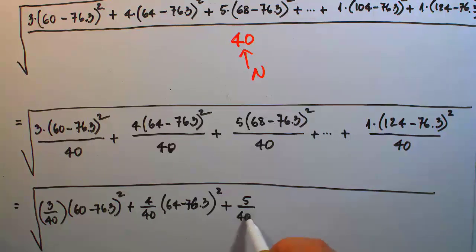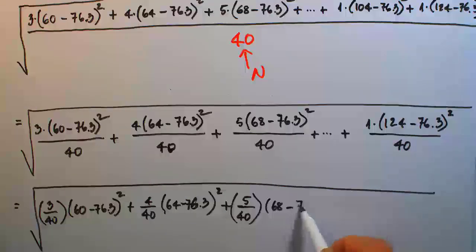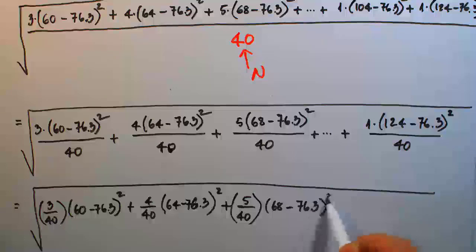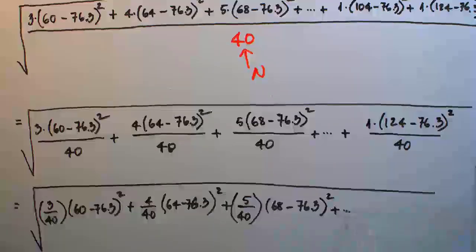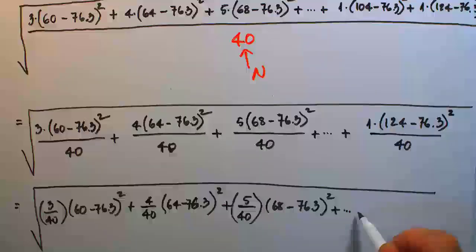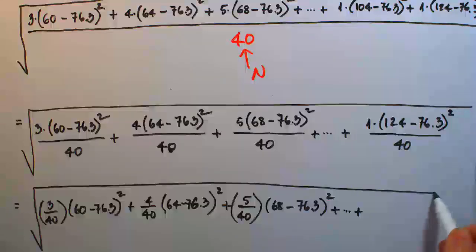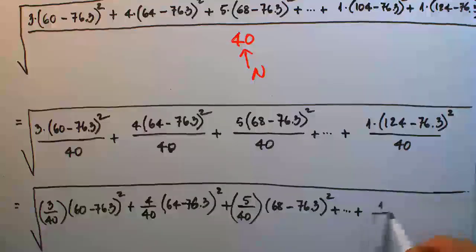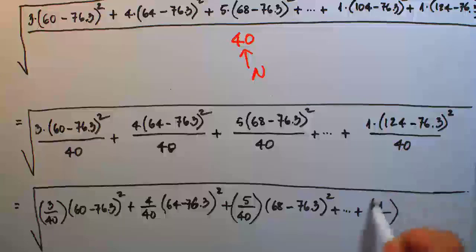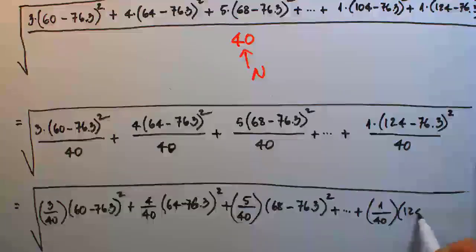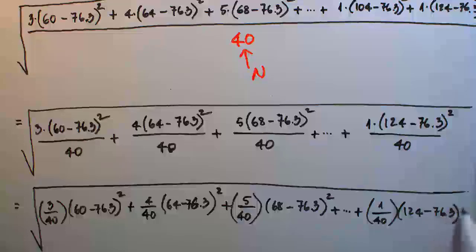So my third one is going to be written as 5 out of 40 times (68 minus 76.3) squared, and keep repeating this until I get to my last one inside the square root, being 1 out of 40 multiplied with (124 minus 76.3) squared.